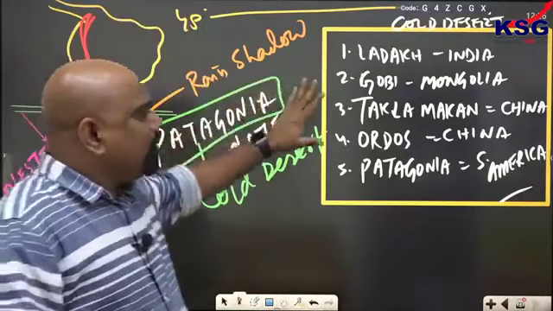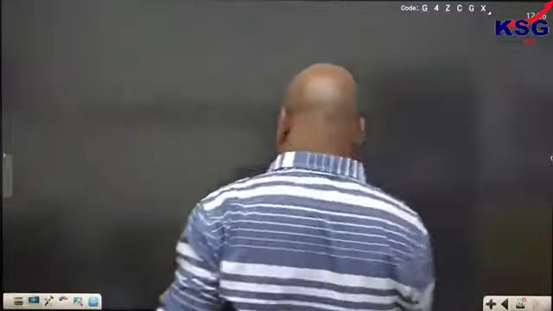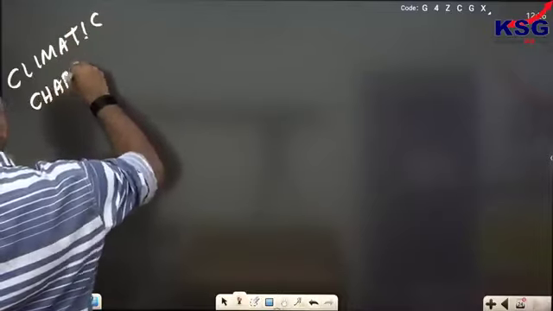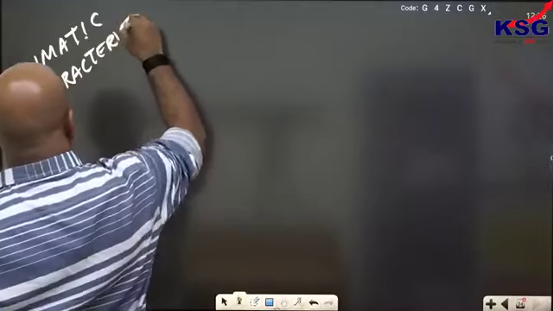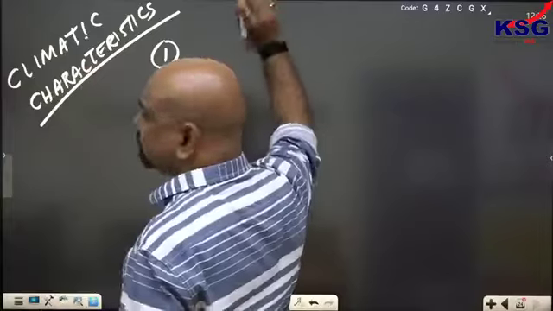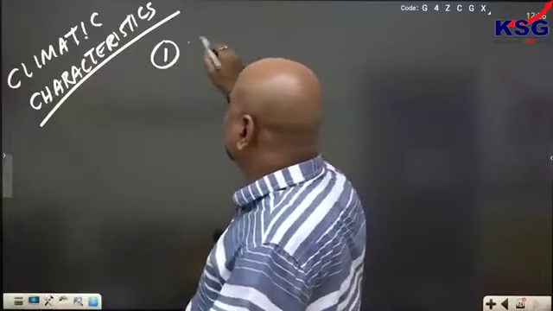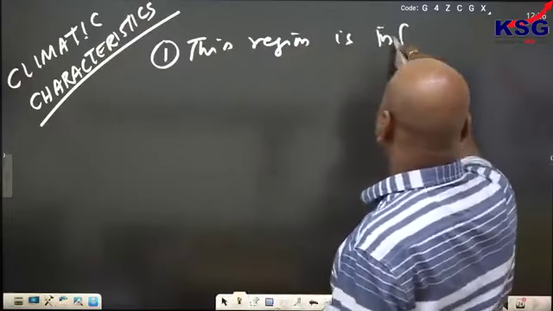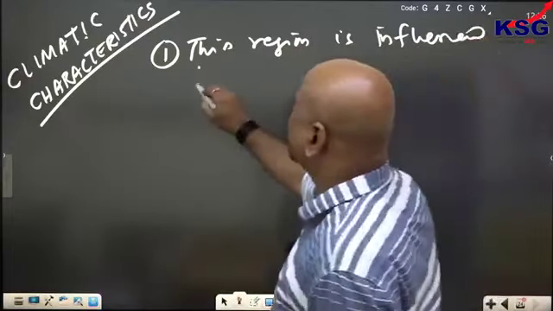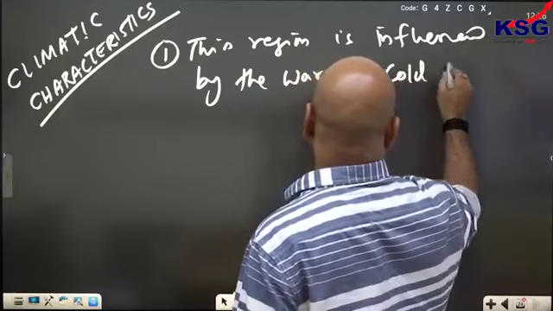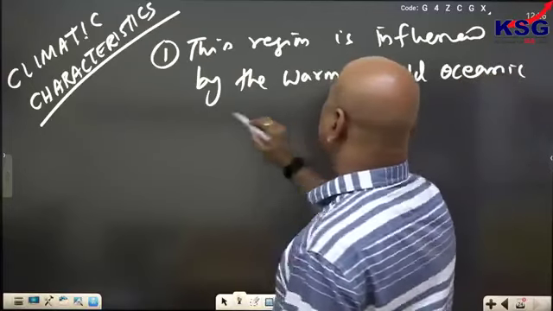ये देखो एक, लेट अस लुक एट नाउ दिस पर्टिकुलर एरिया। नाउ क्लाइमेटिक कैरेक्टरिस्टिक्स क्या है? व्हाट आर द क्लाइमेटिक कैरेक्टरिस्टिक्स ऑफ लॉरेंशियन क्लाइमेट? First one, this region is influenced by the warm and cold oceanic currents.